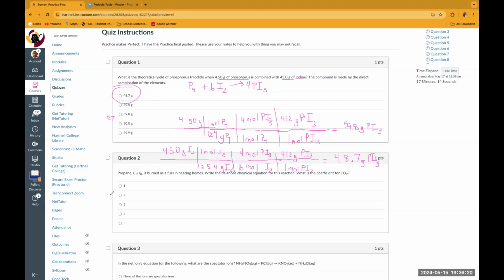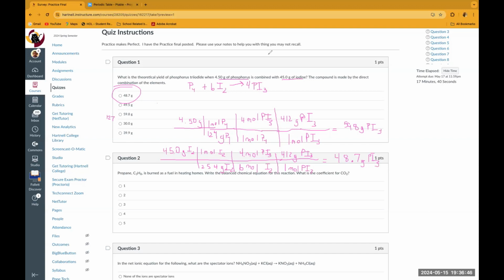So theoretical yield is the lowest one. So no, theoretical yield is what you've calculated. Actual yield is what you actually get. And so here, anytime that you have two values for grams or for moles, that basically means that one of them is going to be acting in excess and one of them is going to be limiting.